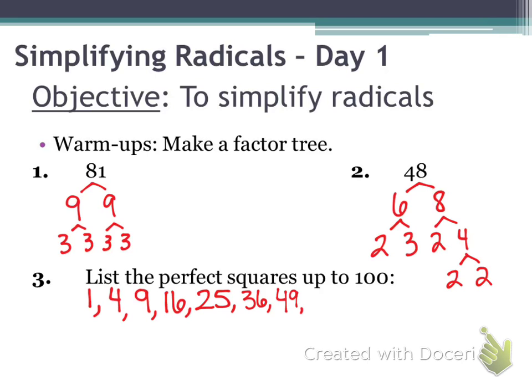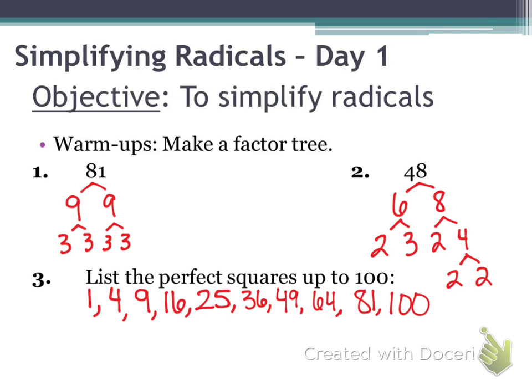After 49? 64. Good. That's one that we'd gotten earlier. That's 8 times 8. After that, we would want 81 for 9 times 9. And after 81? 100, which is where we can stop. That's 10 times 10.